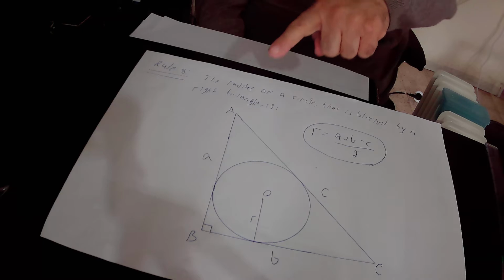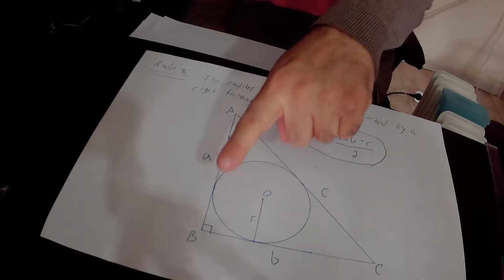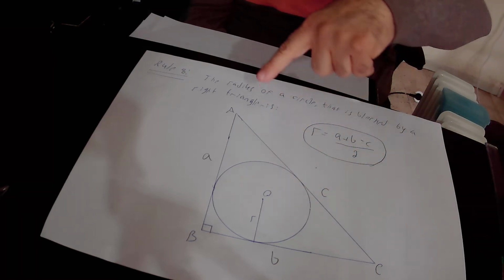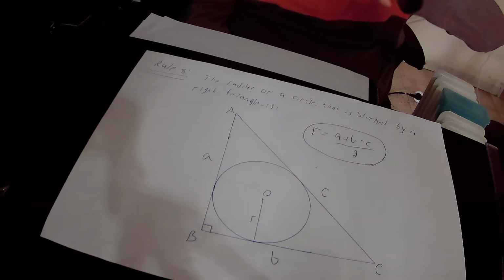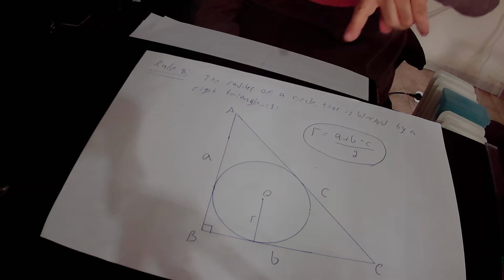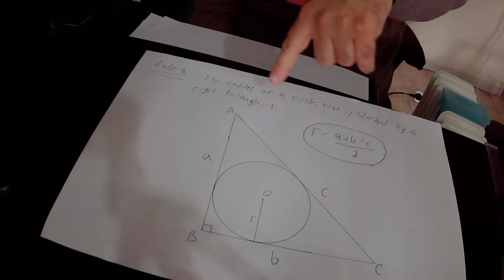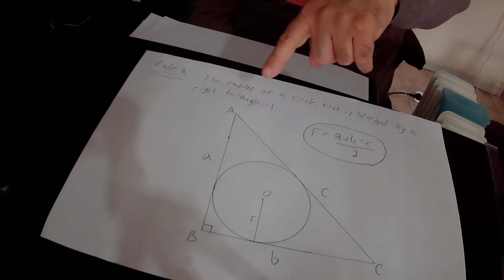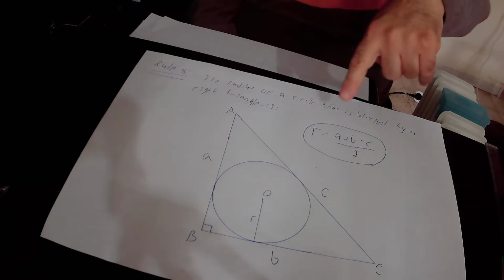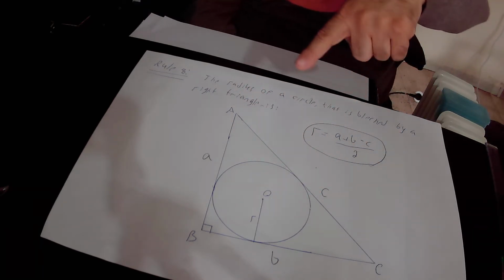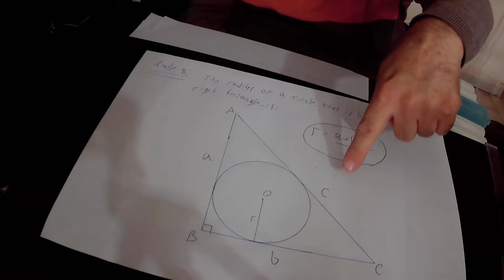So we have here the right triangle ABC, this angle ABC equals 90 degrees, the length of AB is A, the length of side BC is B, and the length of the hypotenuse AC is C. According to rule number 8, you can find the radius of any circle that is blocked by a right triangle only by knowing the side lengths of the right triangle itself. That is to say, the radius R of this circle blocked by the right triangle ABC will be equal to A plus B minus C over 2.